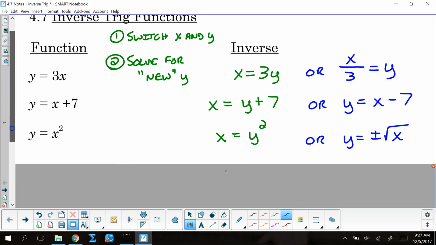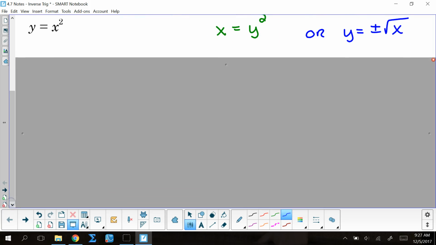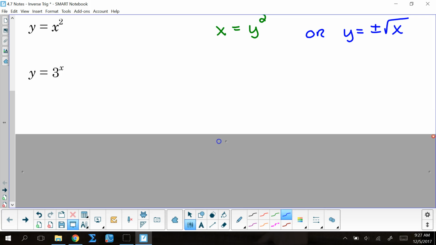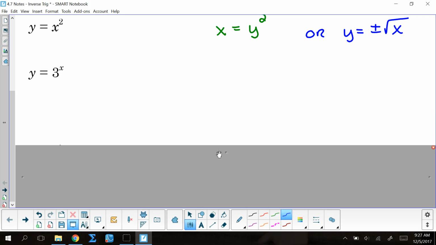Let's kick it up a notch. Y equals 3 to the x power. First step.